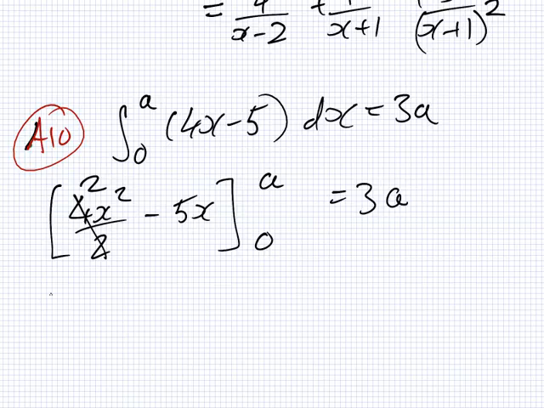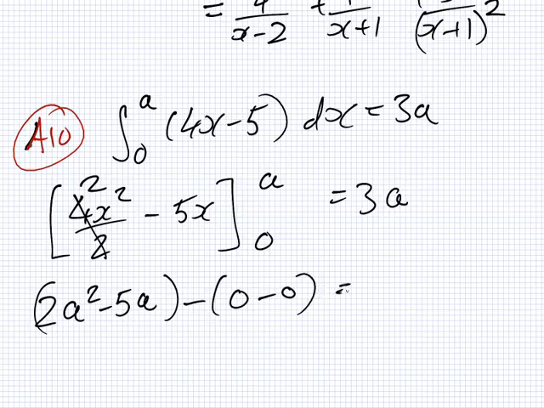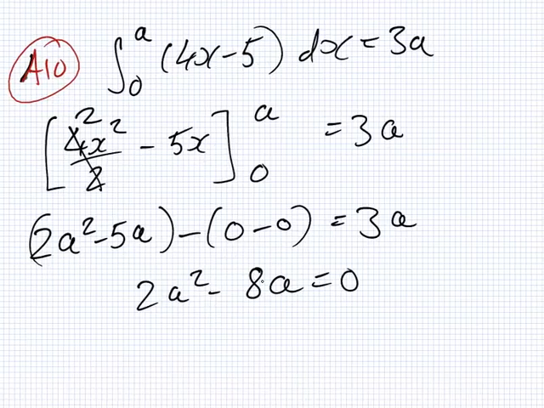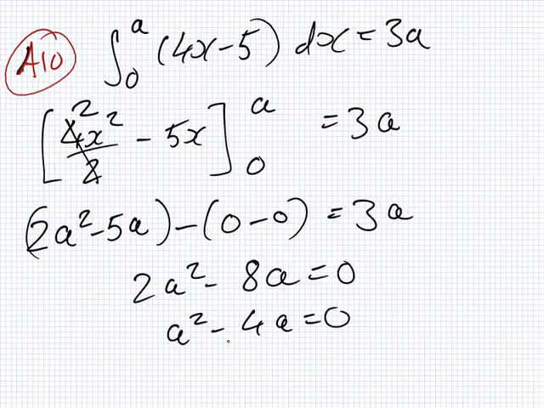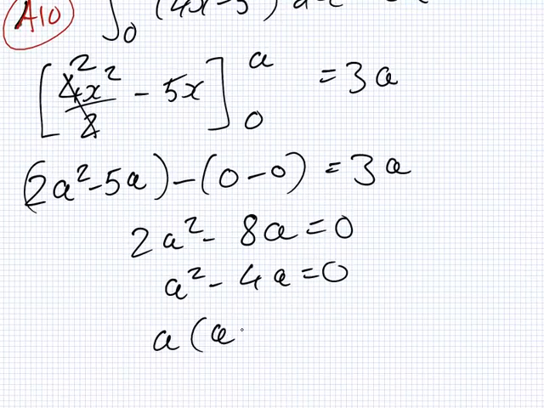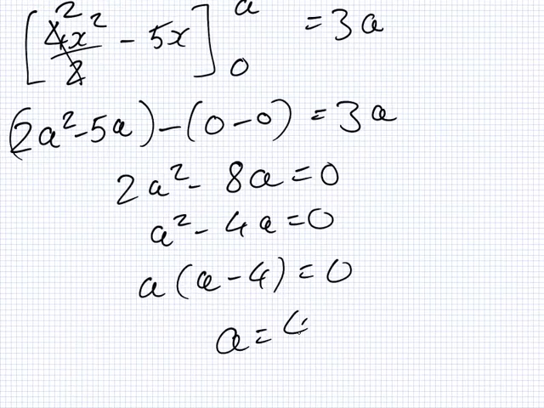So that becomes 2a squared minus 5a minus 0 minus 0 equals 3a. 2a squared minus 8a equals 0. A squared minus 4a equals 0. A minus 4 equals 0. A equals 4, because they tell us a is not 0.